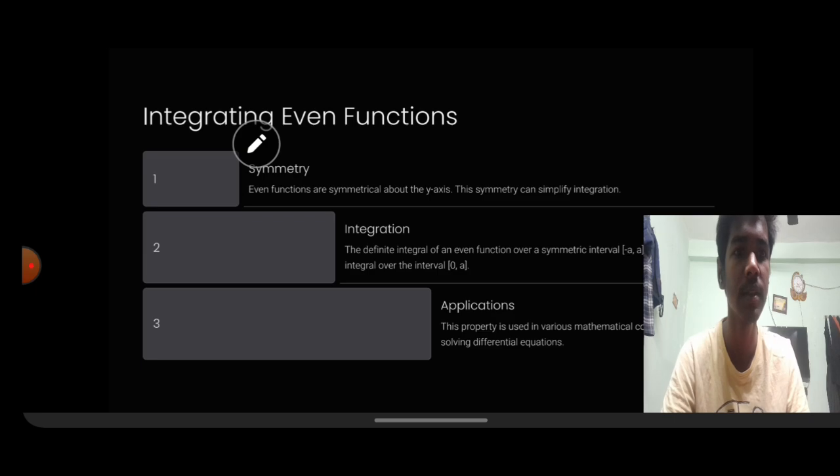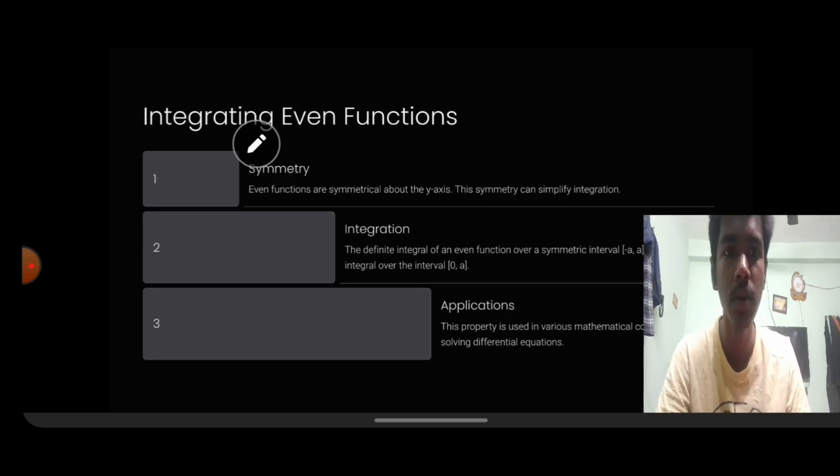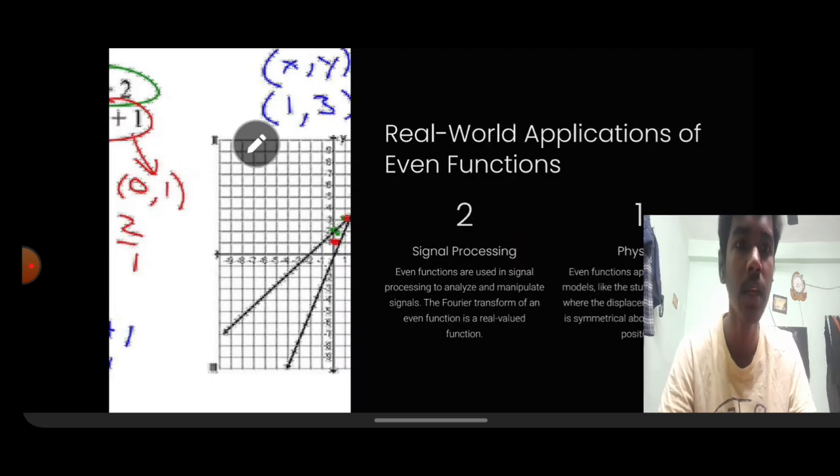Applications: this property is used in various mathematical contexts like solving differential equations. For example, the integration of an even function is simplified by symmetry, for the integral from minus a to a of f of x dx, where f of x is an even function.